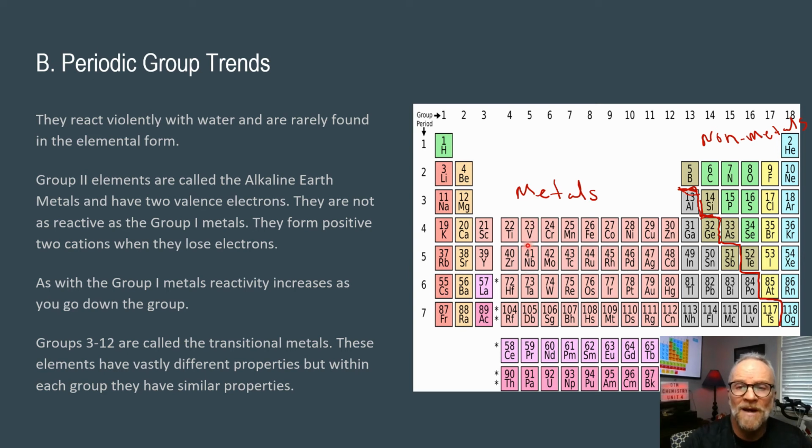The elements under each one of the groups tend to have similar properties, but the chemistry is really complex here. And of course, you'll recognize some of these like iron and nickel and copper and silver and zinc. They are used in lots and lots of different applications.